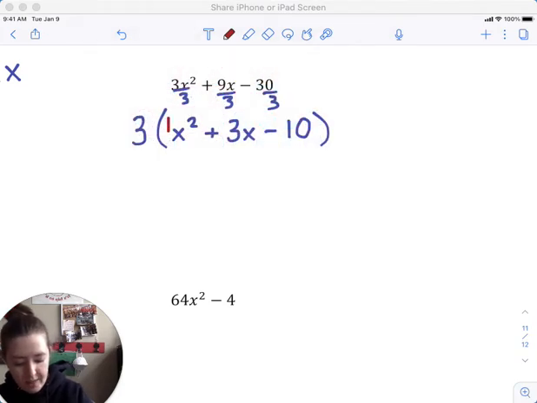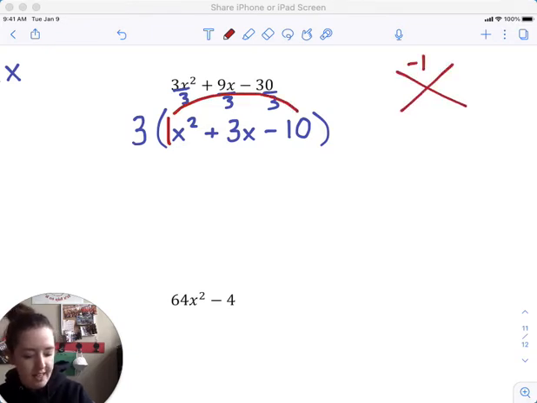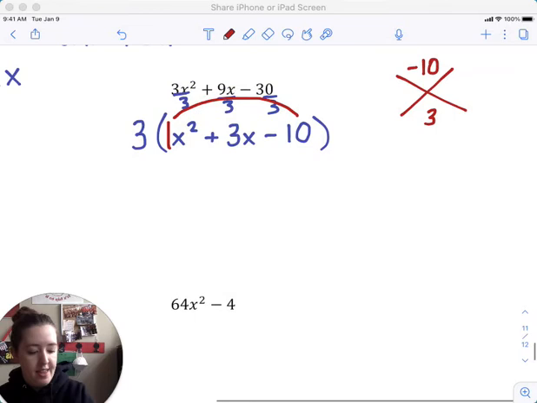So I know I'm supposed to have a 1 in front of that x squared if there's nothing written there. Remember, we're just going to ignore our greatest common factor. So we're going to multiply our ends. 1 times negative 10 is negative 10. My b value is 3. So I want to find 2 numbers that multiply to be negative 10 and add to be 3.